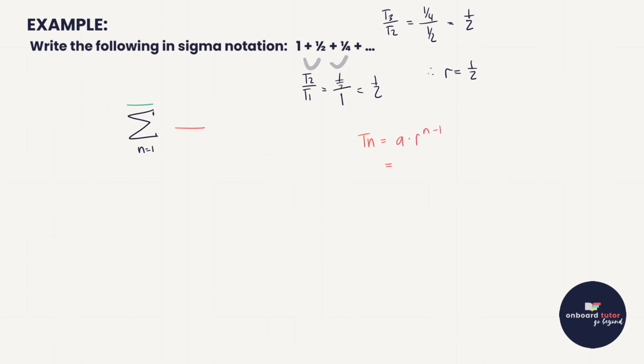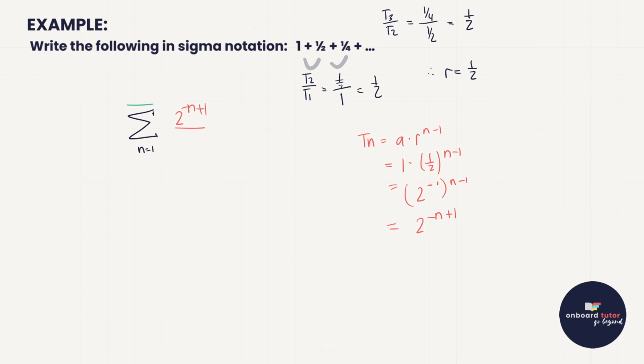The a value there was 1. R we've worked out to be a half, to the n minus 1. And so I can simply write that as a half to the n minus 1. Or if you wanted to, you could even write this as 2 to the negative 1, and then to the n minus 1, and then multiply that in. So 2 to the minus n plus 1 would be an option there.